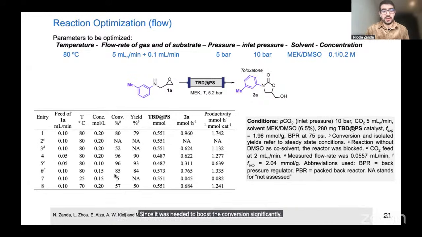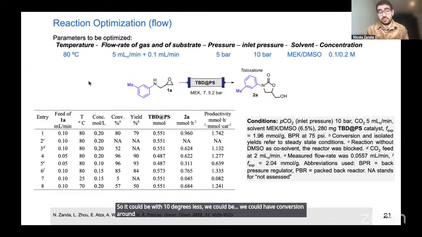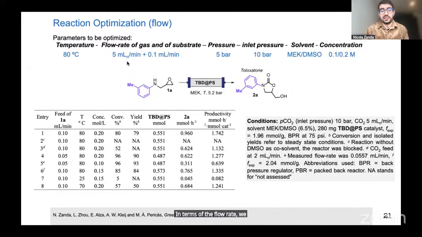With 10 degrees less, we could have conversion around 50% in comparison. In terms of the flow rate, we used 5 milliliter per minute of CO2 and 0.1 milliliter per minute of amino epoxide starting material.